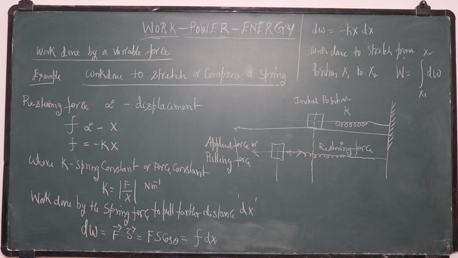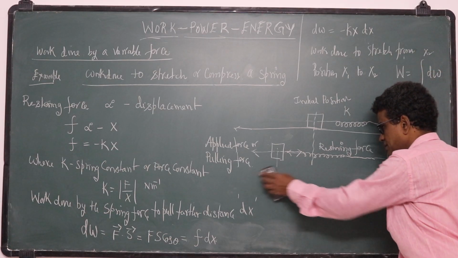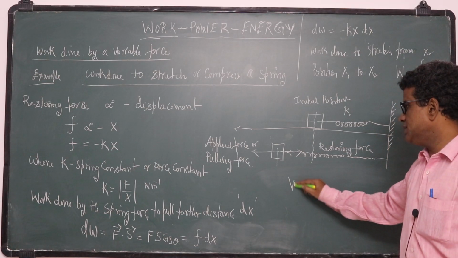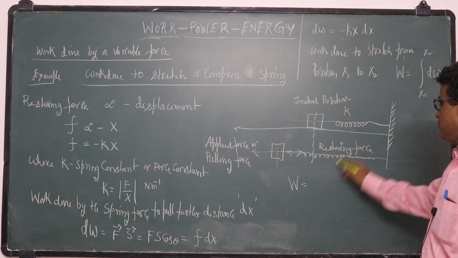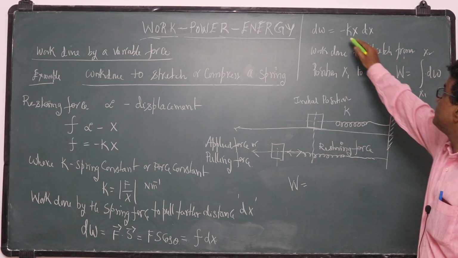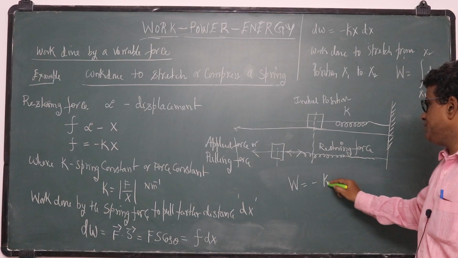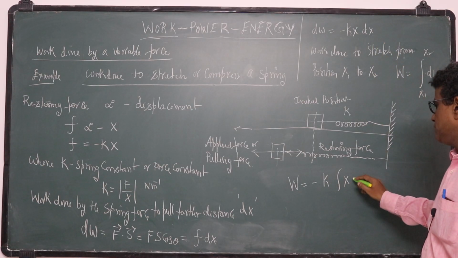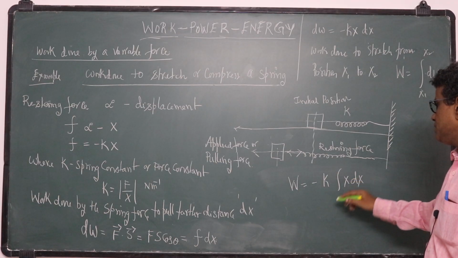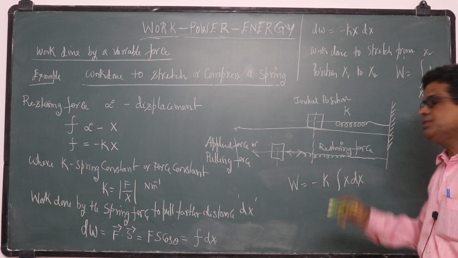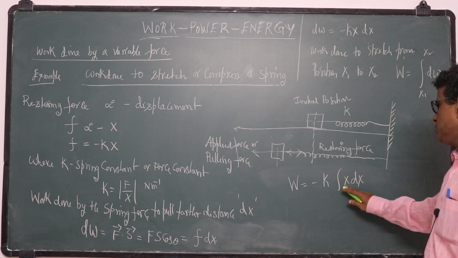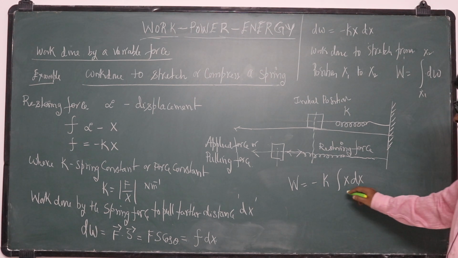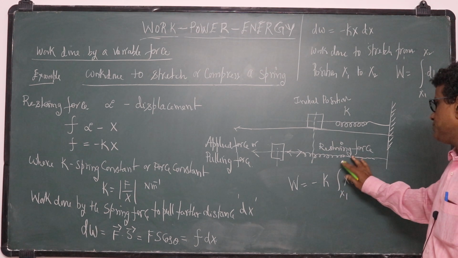So work done W is equal to the integral of dw, which is minus k into the integral of x dx. K is a constant; by stretching the spring, the k value won't change. So x dx with limits x1 to x2.